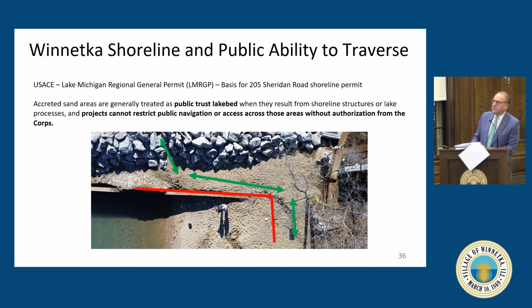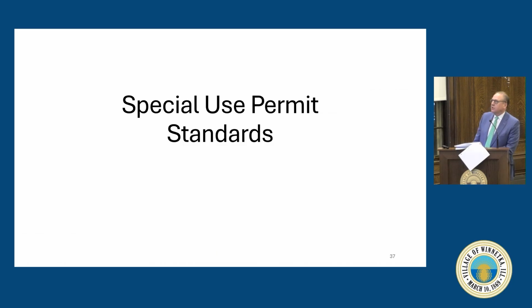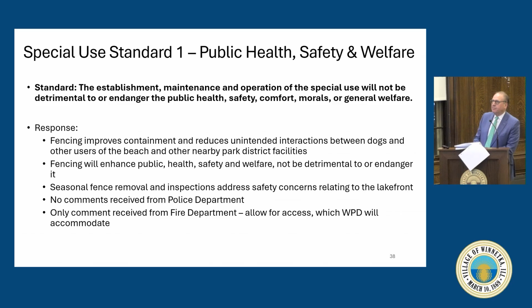But again, as you can see here with the directional arrows and the other slide I just made reference to, the proposed route of access makes the most sense in terms of public safety.